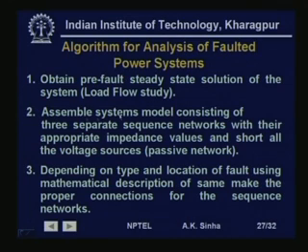Now, after this, assemble the system models consisting of three separate sequence networks. That is, we create the 3 sequence networks, positive, negative and 0 sequence networks with their appropriate impedances, which means if we are interested in the fault current immediately after the fault has occurred, then we take the subtransient impedances.